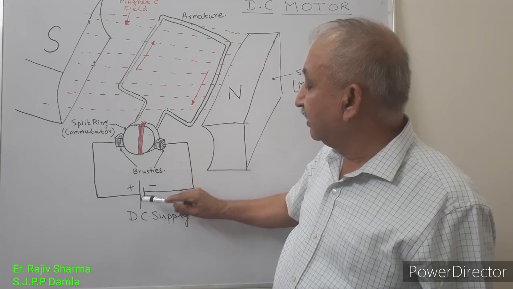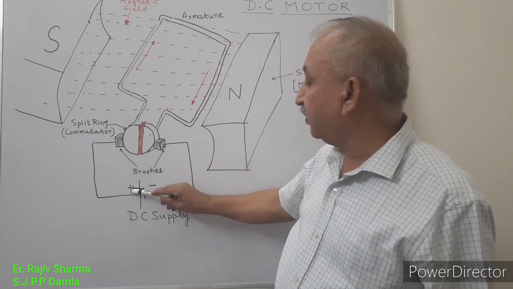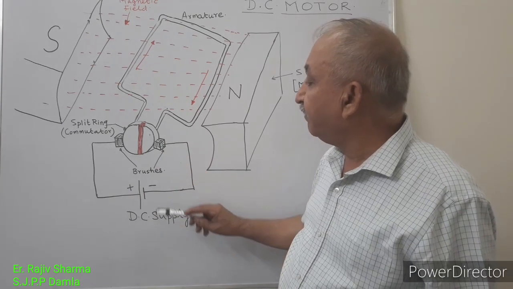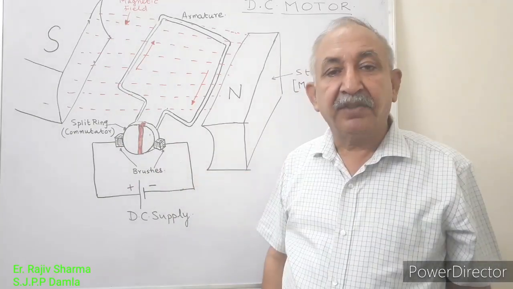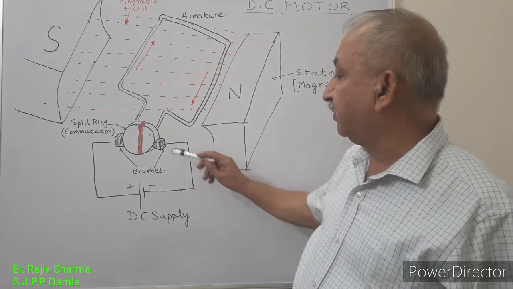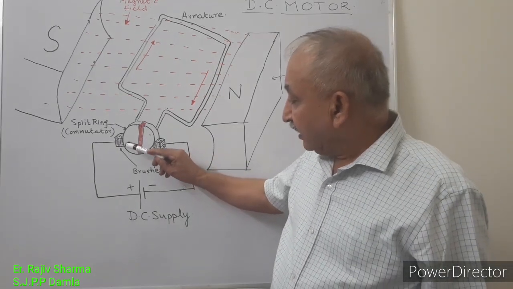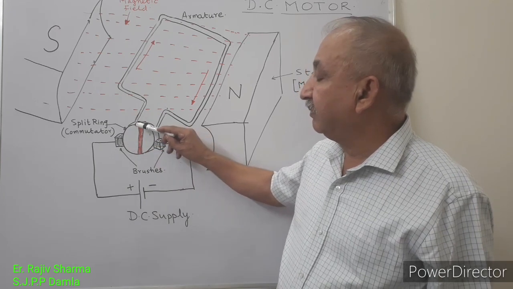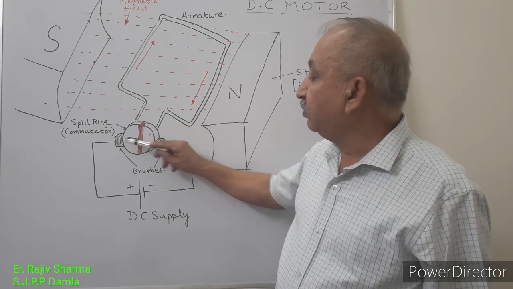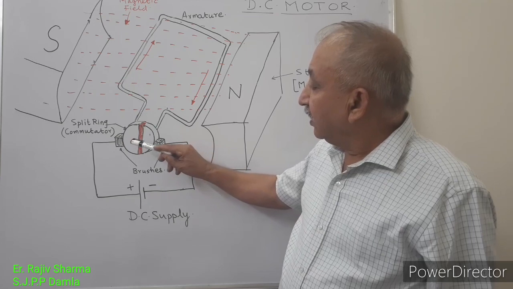Now to connect this DC supply, this is the positive and negative of the DC supply, we have taken help of two brushes. Normally they are made of carbon, and we say carbon brushes. The purpose of carbon brushes is to slide on this ring. So we have two brushes.